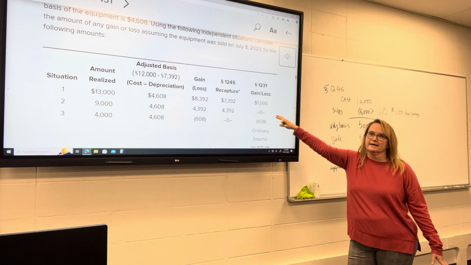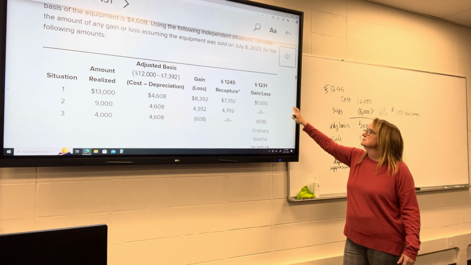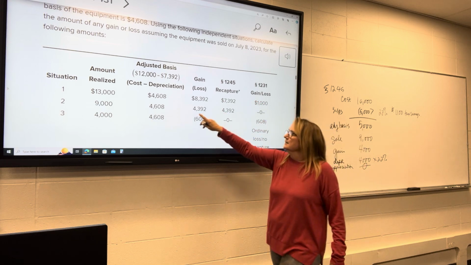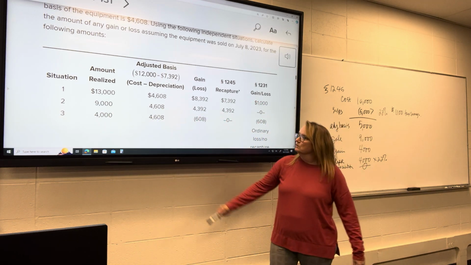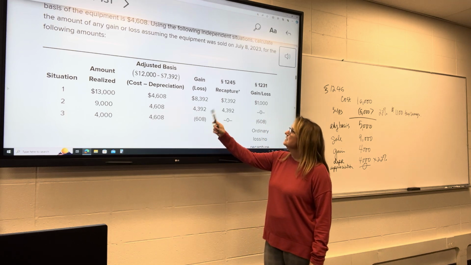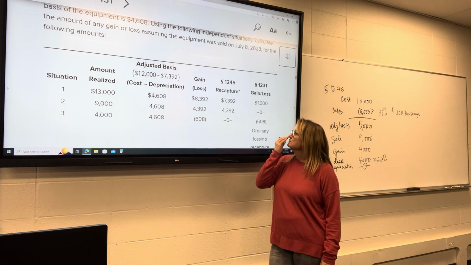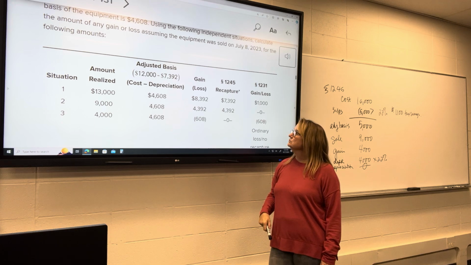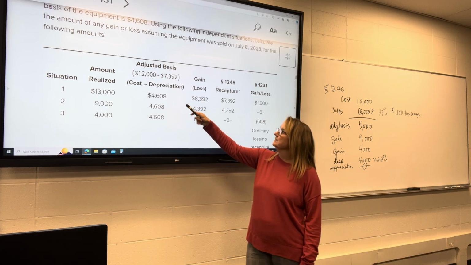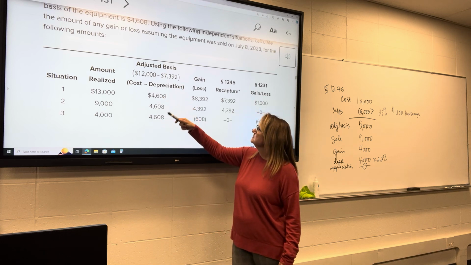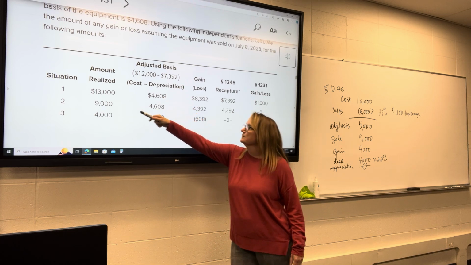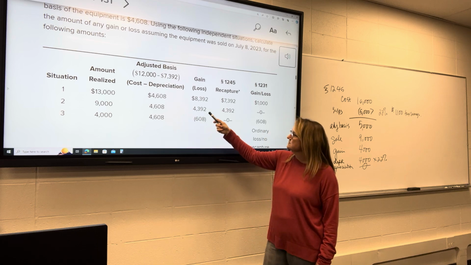Like I said, they call it a capital gain. It's at capital gains tax rates. Here instead, $9,000. So the adjusted basis is $4,608. The gain on it is $4,392. Again, gain is the amount realized minus the adjusted basis.